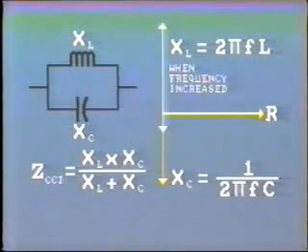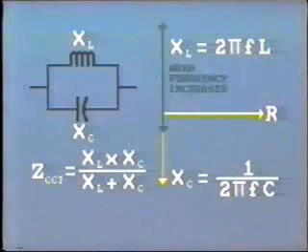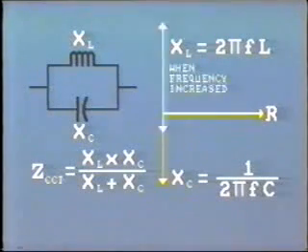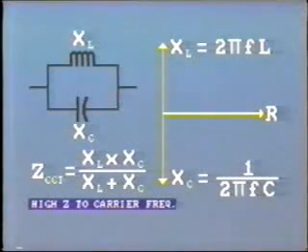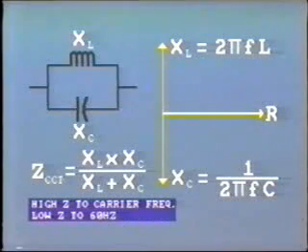However, when frequency is increased to the carrier frequency, the value of inductive reactance increases immensely, while the value of capacitive reactance falls to a very low value. This circuit now provides high impedance to the carrier frequency signal, but low impedance to the 60 hertz currents.